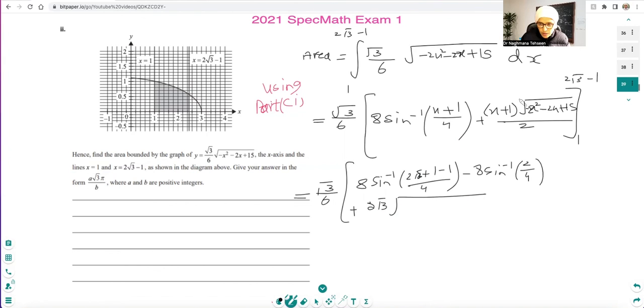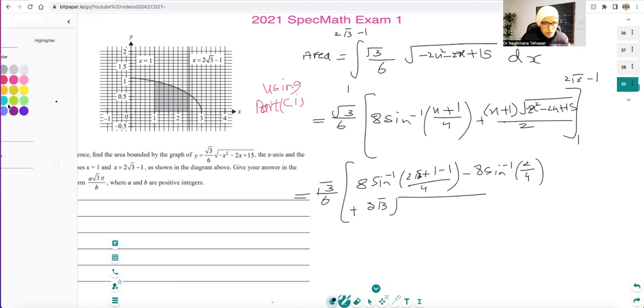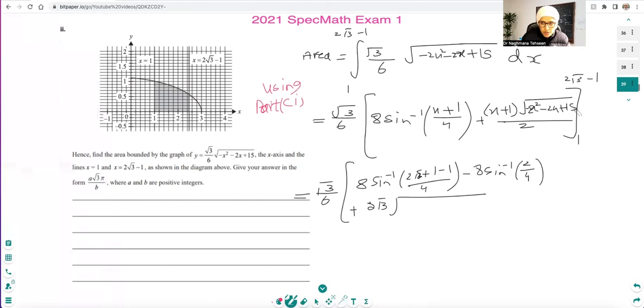And then inside we sub in this one, which is easier to handle, because I know this expression, we used that before. This square root of negative x squared minus 2x plus 15 is the same as if I write it like this, 16 minus x plus 1 squared.